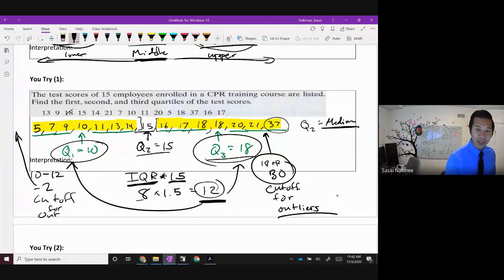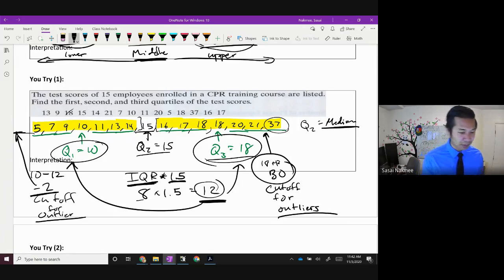But it's impossible to get a negative score, or actually, I don't know, you could get a negative score on a test if you're just that bad. But that's the outlier cutoff for this side. But there's no numbers past 5. So there's no outliers that are below these test scores, right? But there is an outlier that's above these test scores.